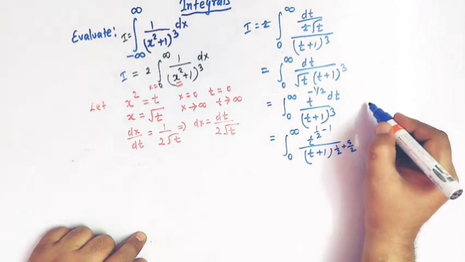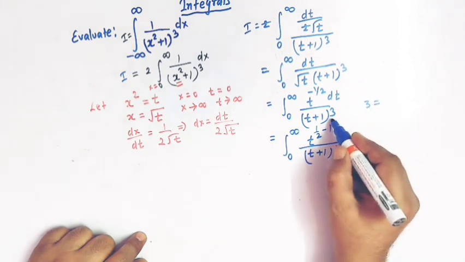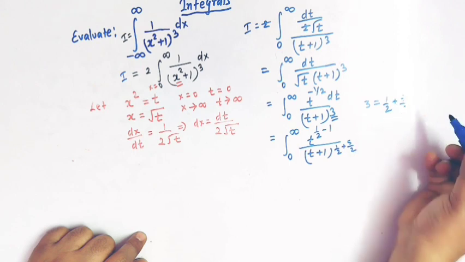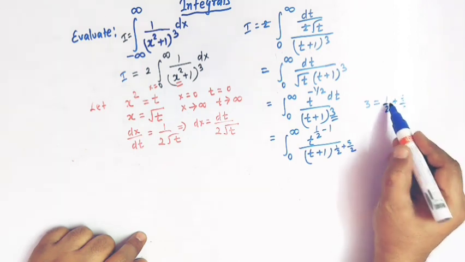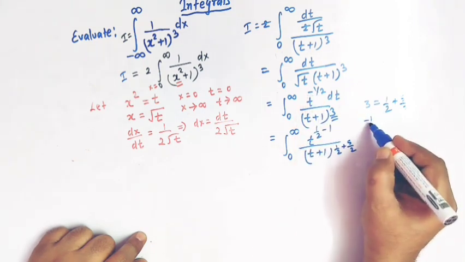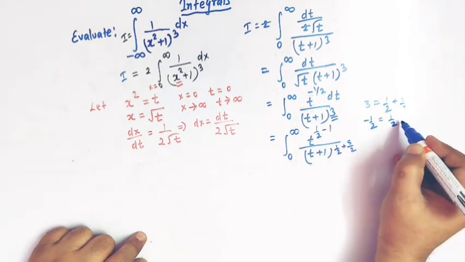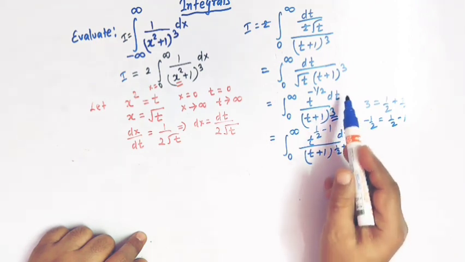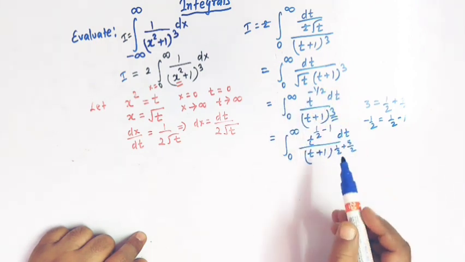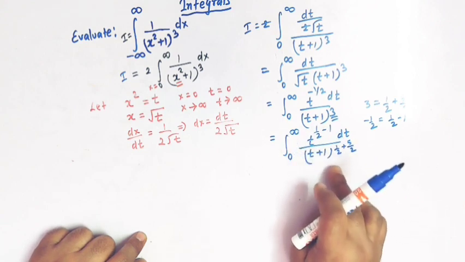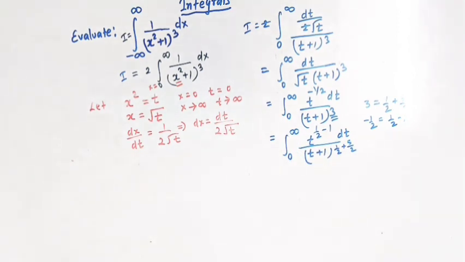So what we have done here, we have expressed this 3 as half plus 5 by 2, because 5 plus 1 is 6, 6 over 2 is 3, right? And minus half as half minus 1, right? So why we have expressed this integral like this? Because here we'll use the concept of beta function.